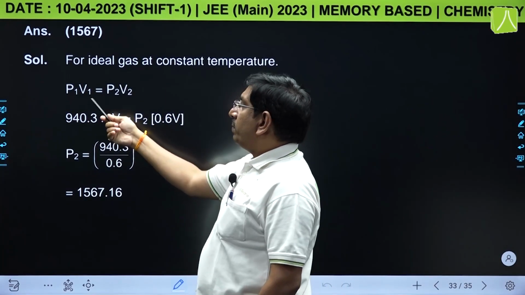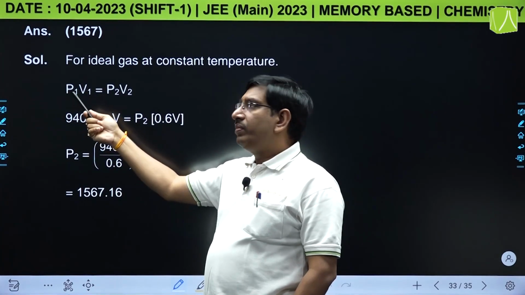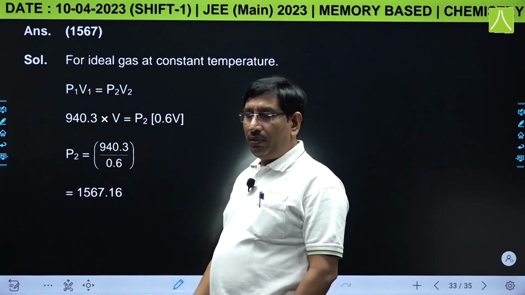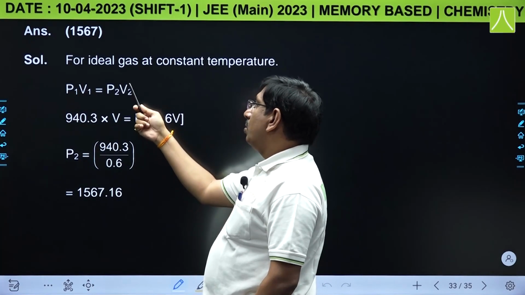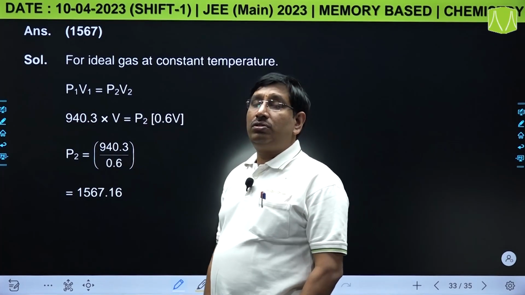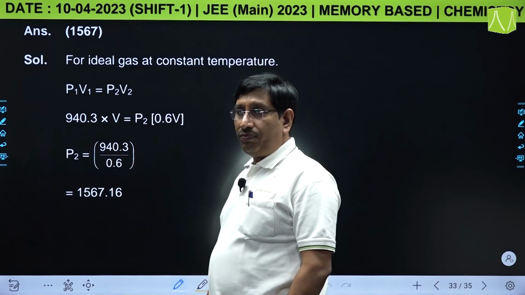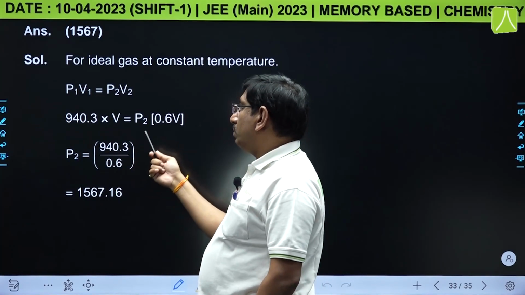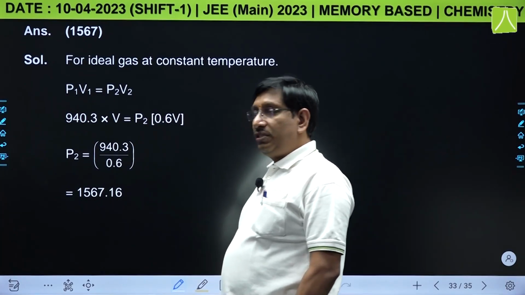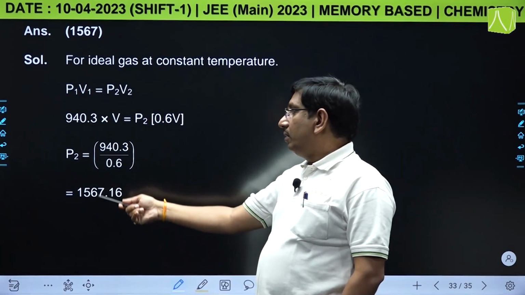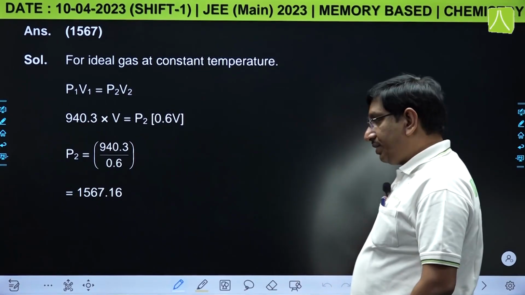According to Boyle's law, P1 V1 equal to P2 V2, and here P1 is given and let V1 equal V, and volume is reduced by 40%, so the remaining is 0.6 V. Now, P2 equal to 940.3 by 0.6, and you will get 1567.16, and if you report the nearest integer, it will be 1567.